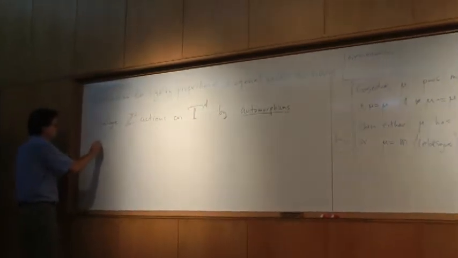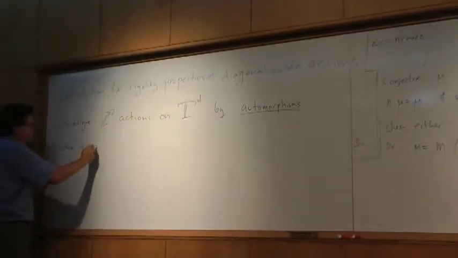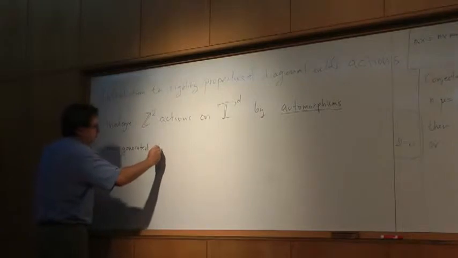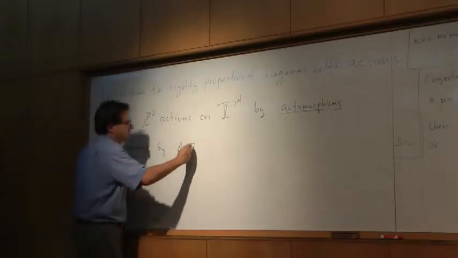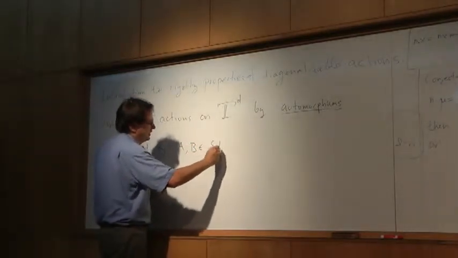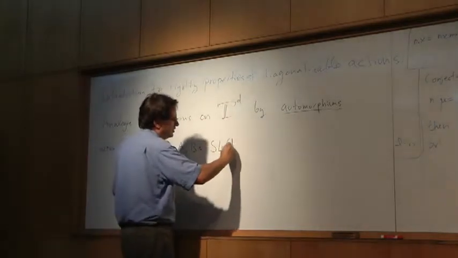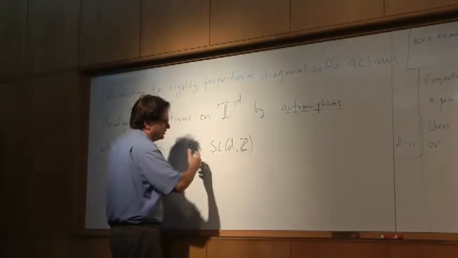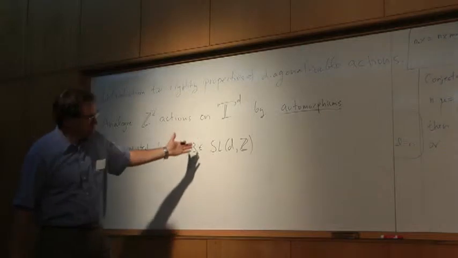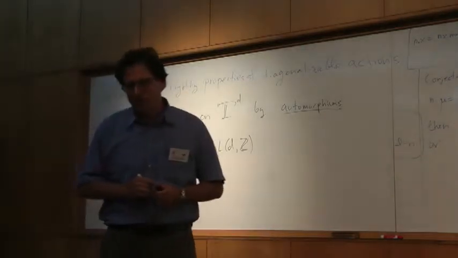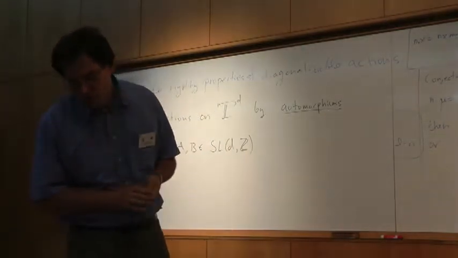not by integers, of course, but by two matrices, A and B, inside SL_d(Z). I guess there's no real reason to restrict the determinant to be 1 and not -1, but it makes no difference.